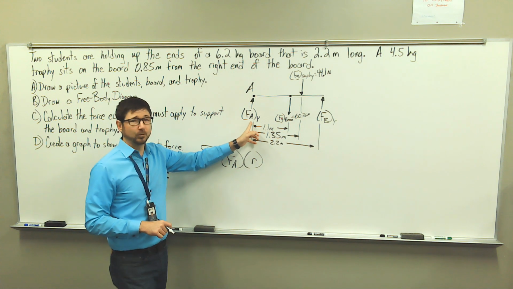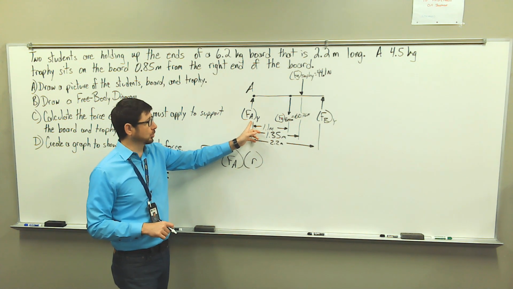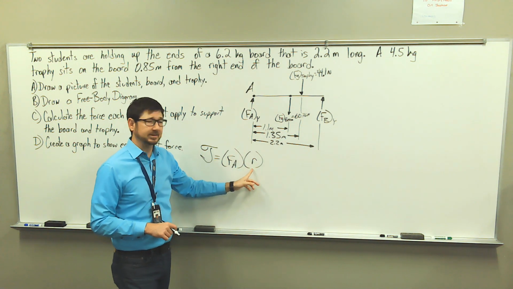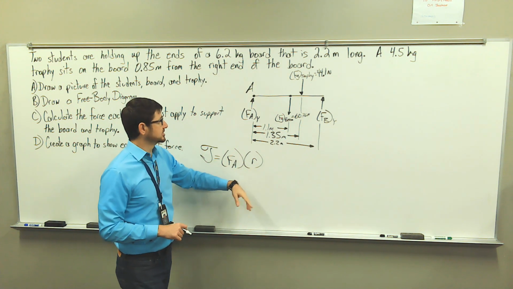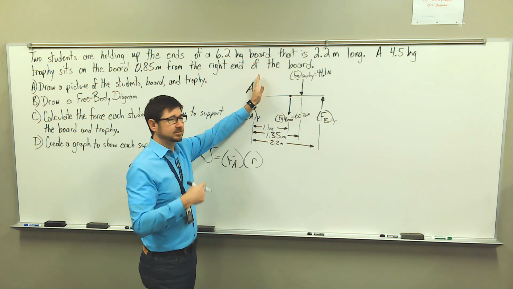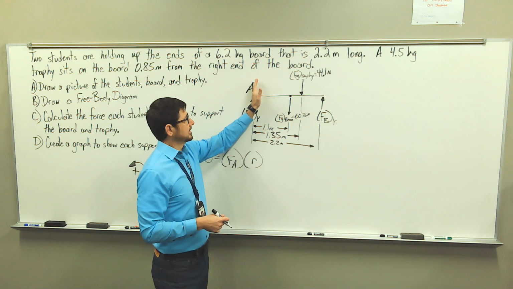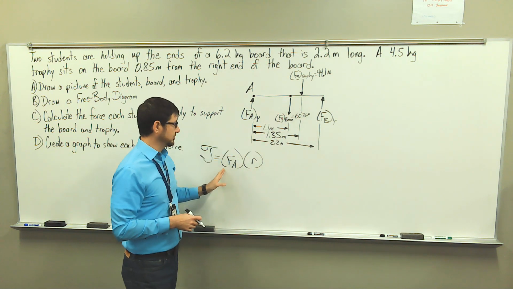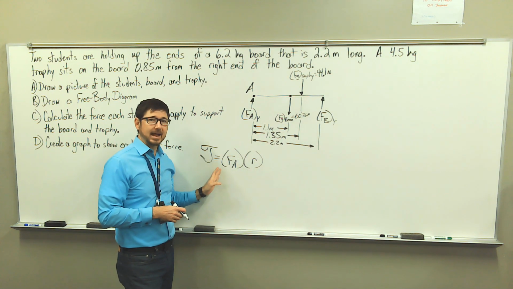We have a support force here, but we don't have any torque right there because our lever arm is 0. So we're going to start here. We're going to move in a positive x direction along the beam, and whenever we encounter a force, then we're going to calculate the torque at that point.